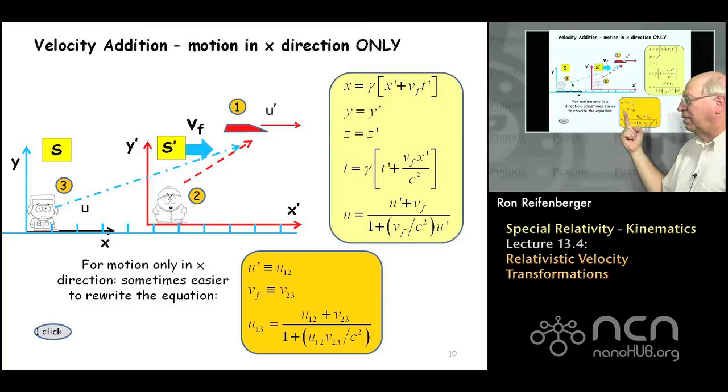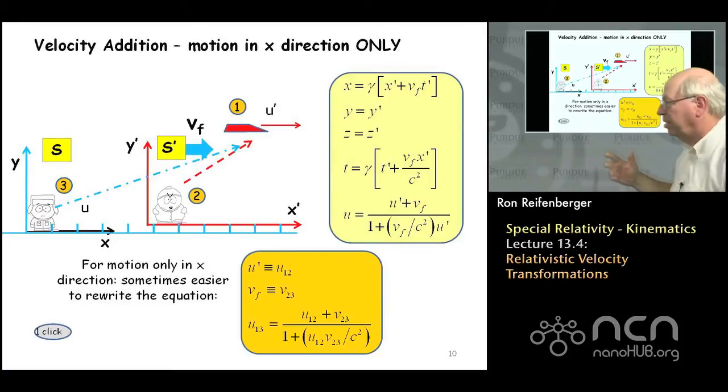So v sub f is given as v sub 2, 3. That's the velocity of reference frame 2 measured with respect to observer 3. Using this notation, you can rewrite the velocity transformation equation in a much more transparent form, and it just says that u sub 1, 3 is equal to u1, 2 plus v2, 3 over this denominator.